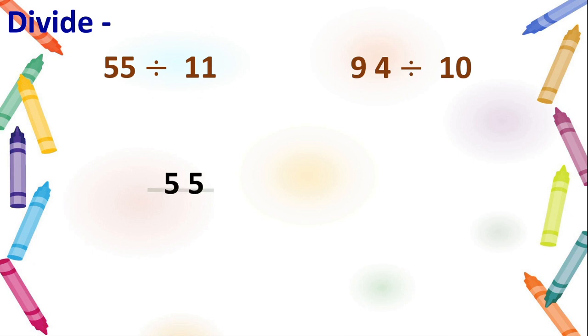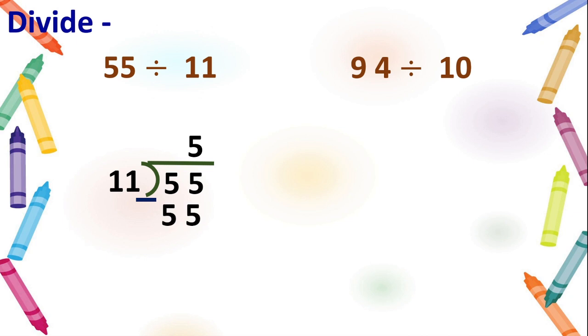Next sums. We are going through so many sums to make this division clear. Okay. 55 divided by 11. 11 5s are 55, isn't it? 11 5s are 55.